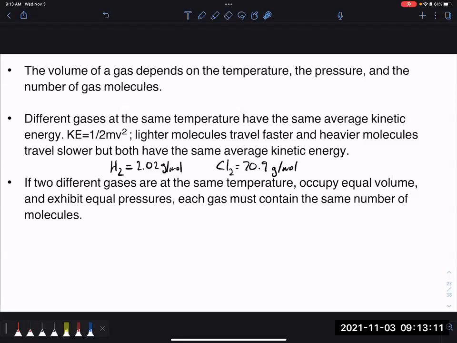So we have two gases. The two gases are at the same temperature and occupy equal volume and exhibit equal pressures. Each gas must contain the same number of molecules. So just reinforcing here Avogadro's law.